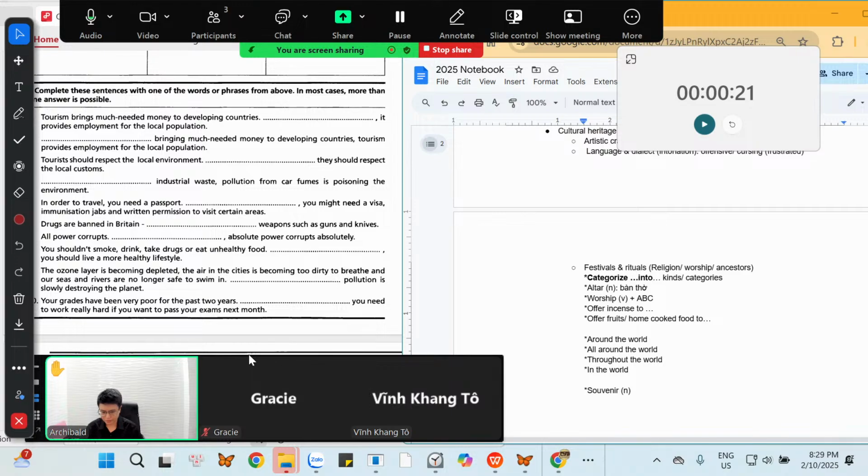And festival also create temporary jobs in it. And festival also create. What is the word create here? We don't have create, we have create. Right? The festivals also create jobs for people.